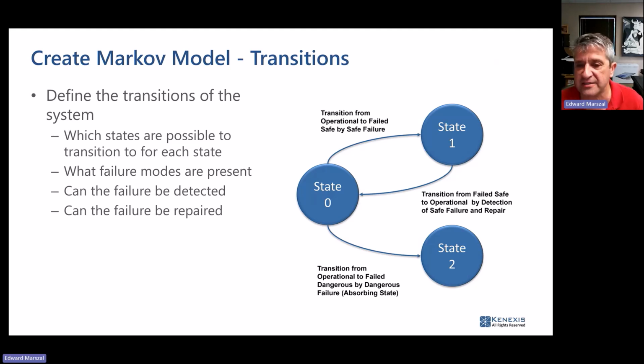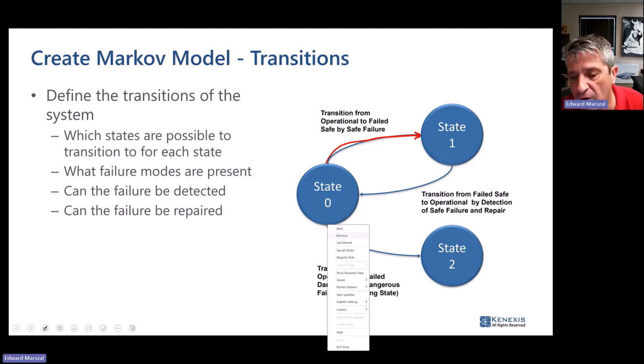If the answer is yes, then you draw your transition arc. If I'm operational, is it possible to go to state 2, the dangerous state? Yes, that is possible.